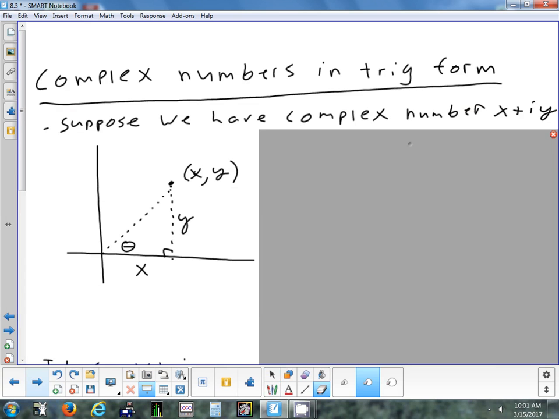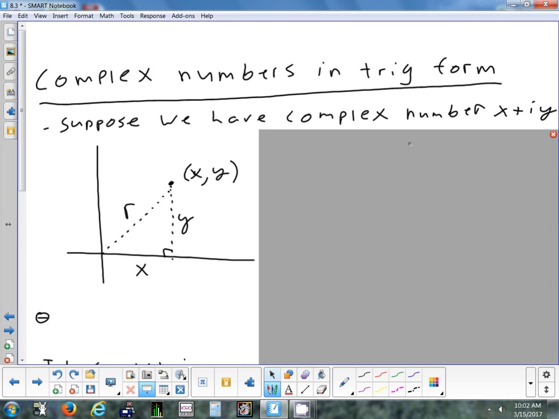All right, so when we write a number in trig form, we're trying to find two things. We're given an x and a y. We want to get rid of the x and the y, and we want to turn it first into an r. So we want to find r, which is just like finding the absolute value.